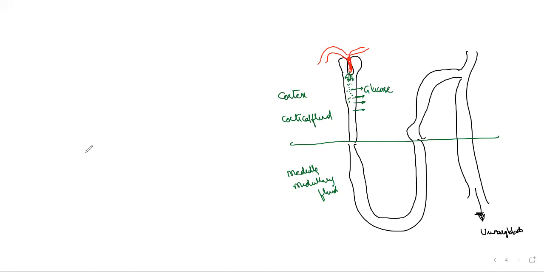I'm writing here: glucose is absorbed into... Yeah, you answer it. I just said that whatever fluid is present here, what do you call it? Cortical fluid. Then that particular glucose that came into the cortical fluid, is there any blood vessel taking it?